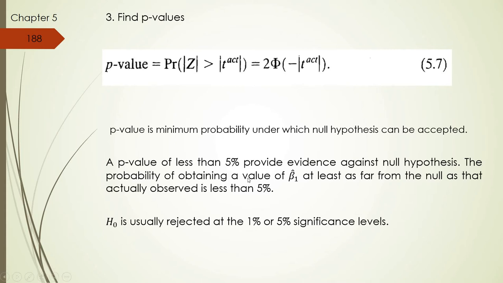The probability of obtaining a value of beta 1 hat at least as far from the null as that actually observed is less than 5%. When we are calculating the p-value, we are usually comparing it with a level of significance of 1%, 0.01, or with the probability of 95%, which means the significance level is 0.05.